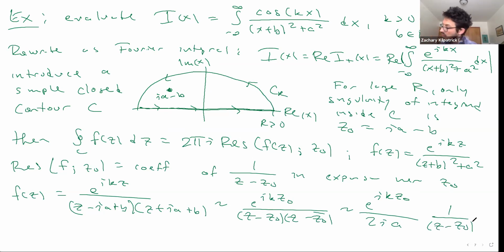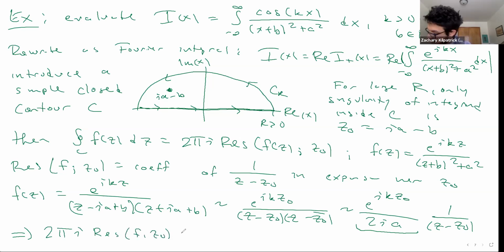Now this is our amplitude, or numerator, if we wish. The first part in this process is to get this contour integral, and we can. So we get 2 pi i times the residue of f at z0, which is equal to pi over a, e to the minus ka, e to the minus i kb.